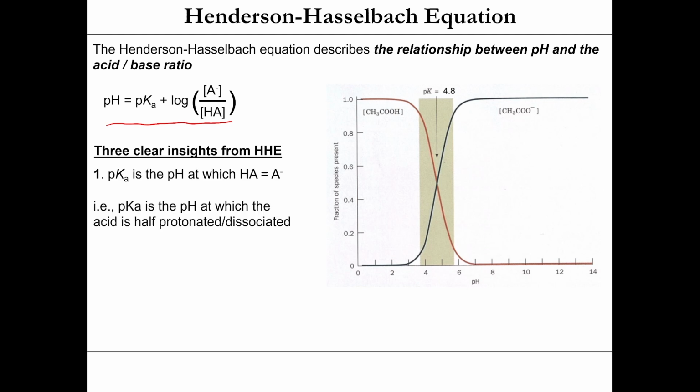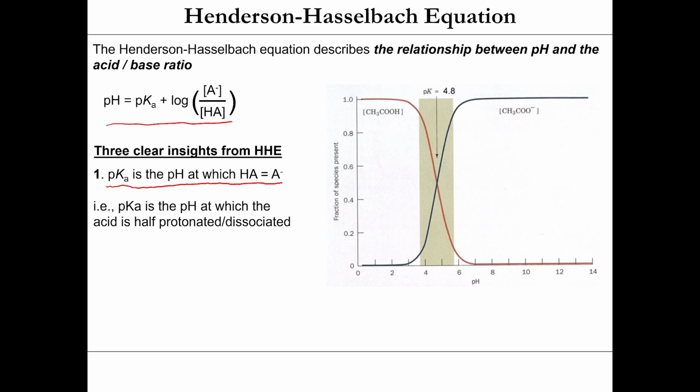So 1, and this is very important for you to remember, the pKa is the pH at which the acid concentration equals the conjugate base concentration. So the pKa is the pH at which the acid is half protonated, or dissociated, or ionized in a solution.